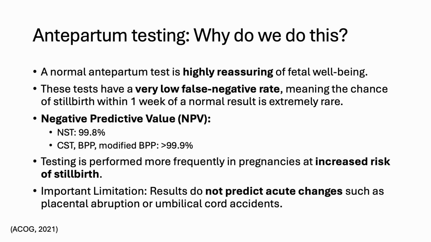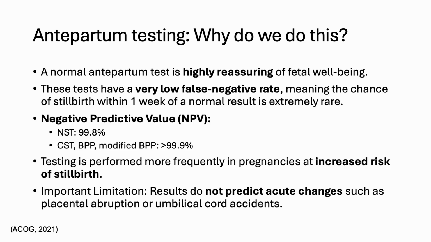In other words, if the test is normal, then we can confidently say that adverse outcomes like a stillbirth will not occur in the near future. So when we have a patient that is high risk, maybe the patient is obese, they might want to do antepartum testing once a week.